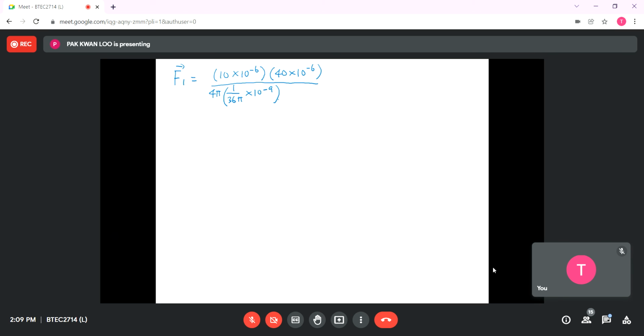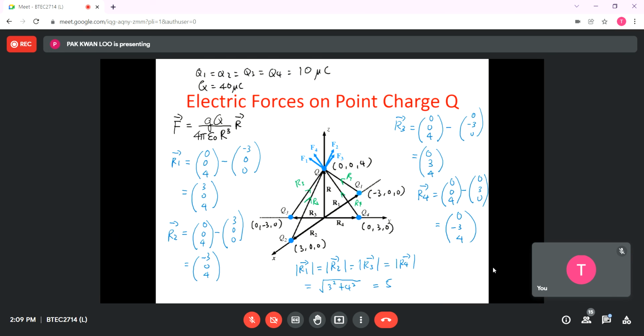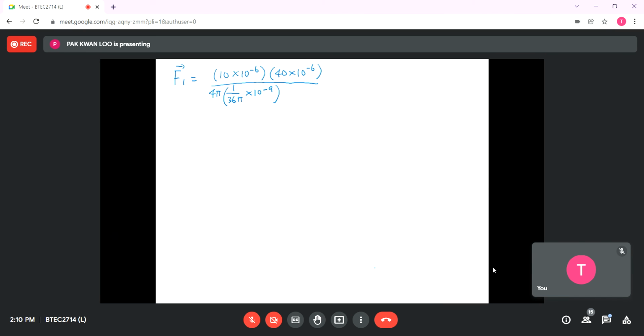R1 cubed, we found, is 5 cubed, 5 to the power of 3.